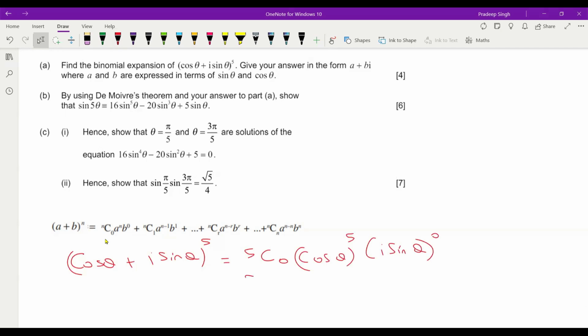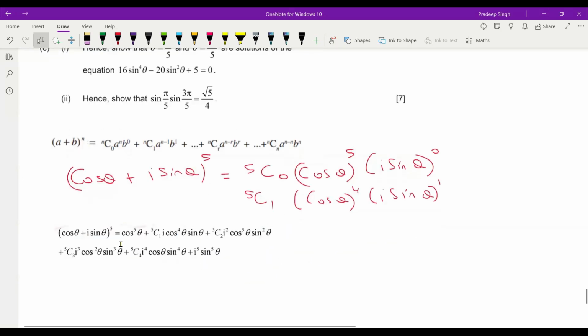Similarly, the second term will be 5C1 cos theta to the power of 4 multiplied by (i sin theta) to the power of 1. Similarly, if we keep doing this to find the overall expansion, we will get this. You can see there are a total of 6 terms. So this is the overall expansion of (cos theta + i sin theta) to the power 5.